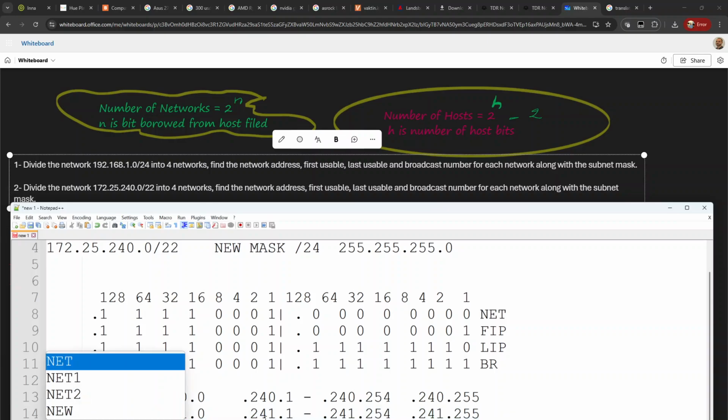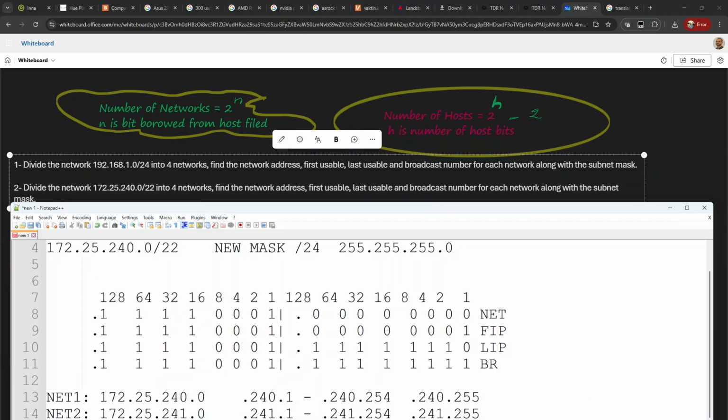And then the next network, the third net, will be 172.25.242.0. Since our increment will always go with 1, you get the idea. So 242.1, then 242.254, and the broadcast will be 242.255.